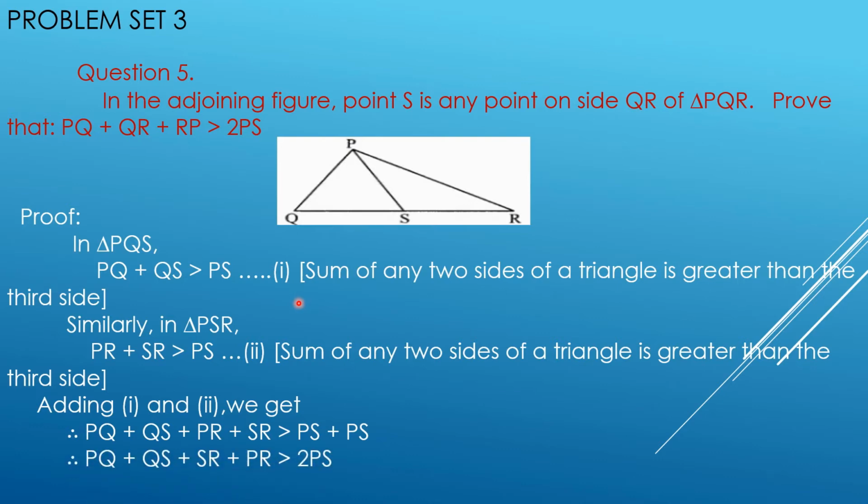Therefore, PQ plus QS plus SR plus PR greater than 2PS. QS plus SR is equal to QR. Therefore, PQ plus QR plus PR is greater than 2PS.